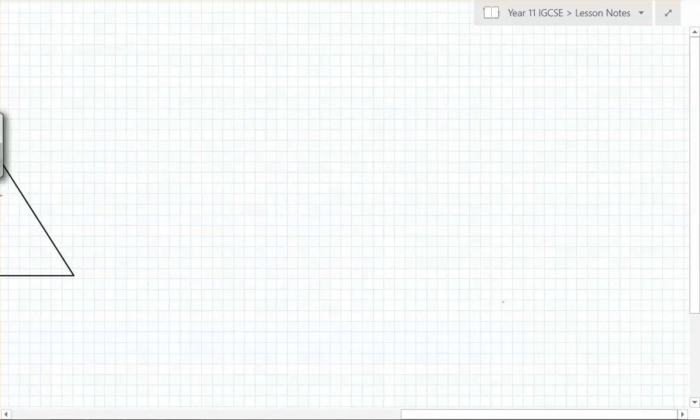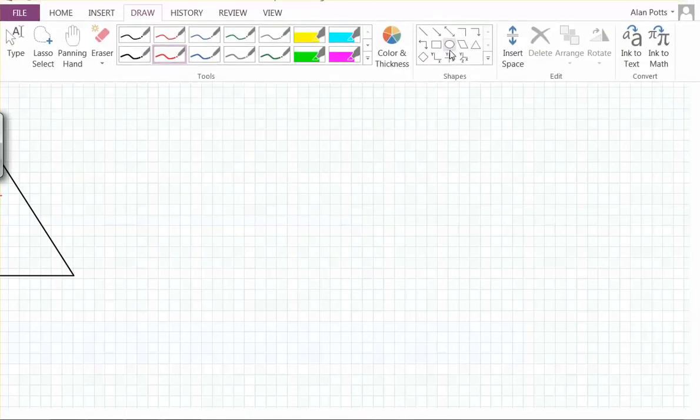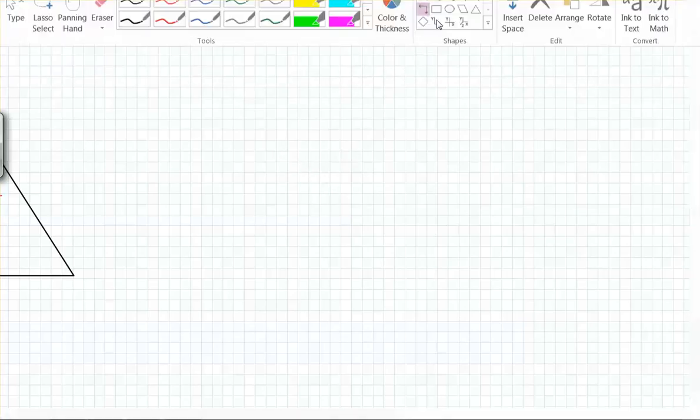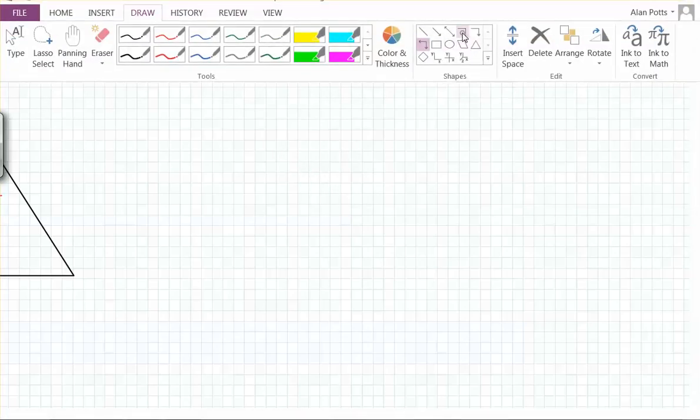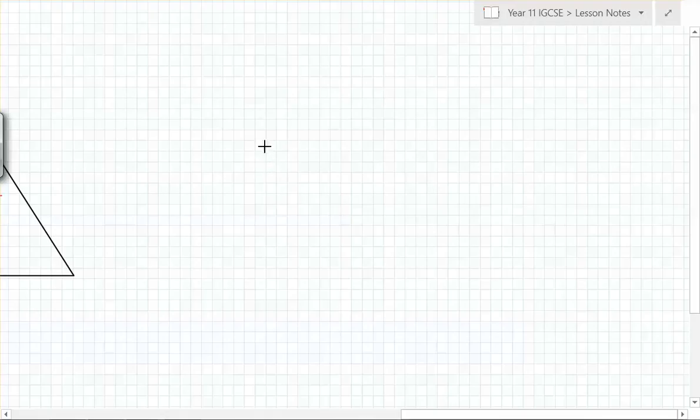Okay, now we've got 30 and 60, but there is another triangle, which is which one? What does it look like? 45 degrees. So 45, and how do you remember the triangle? What kind of triangle is it? Isosceles, what dimensions?